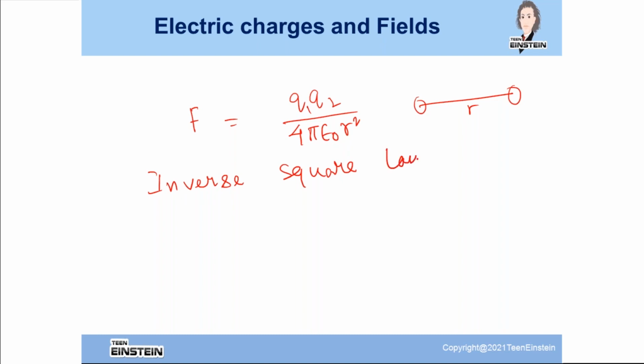So can you give me another such law which you have learned in your 11th standard, which also varies as inverse square? This is electrostatics, the inverse square law of electrostatics.